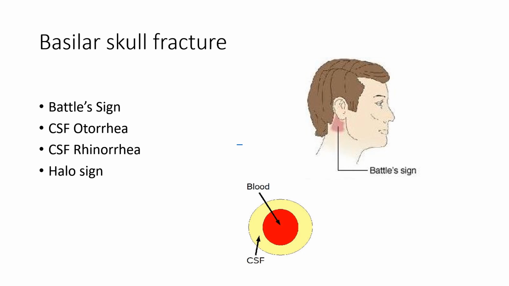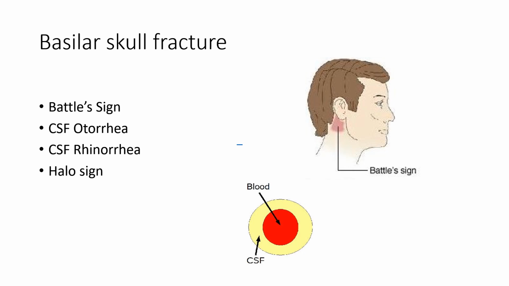The patient with a basilar skull fracture will sometimes have this Battle sign. This is an area of bruising over the mastoid area behind the ear. They also may have CSF otorrhea, which is spinal fluid leaking from the ear, and rhinorrhea, which is spinal fluid from the nose.